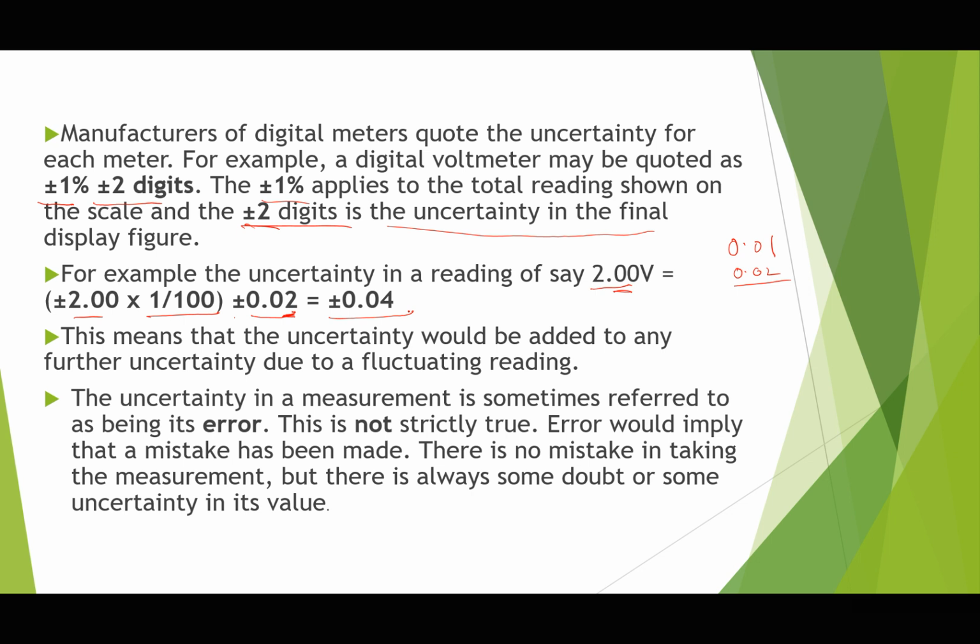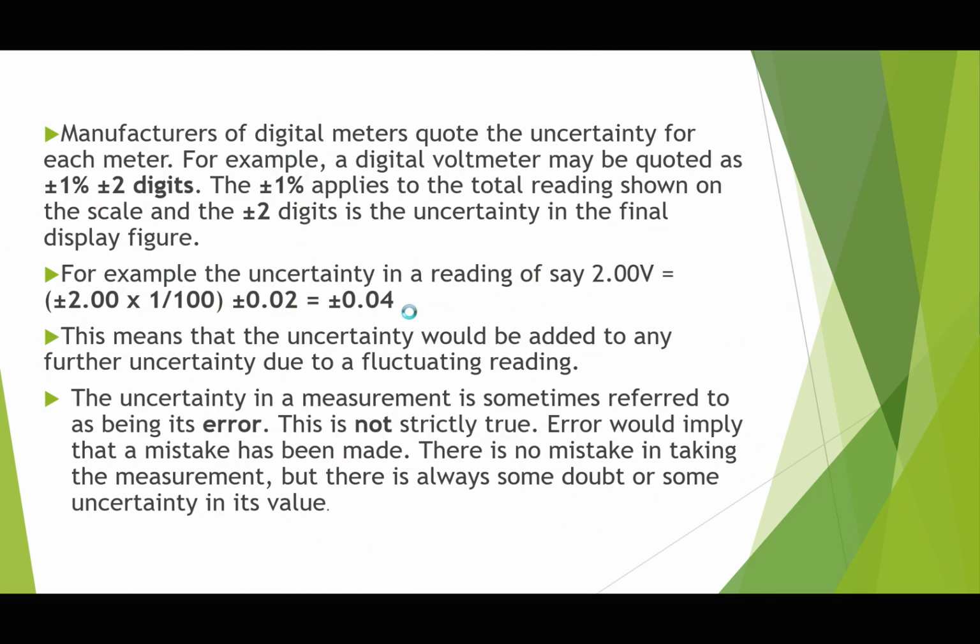But here there is no mistake in taking a measurement, but there is always some doubt or some uncertainty in its value. So here we are going to use the word uncertainty to refer to some doubt in a measured value. And although we shall use the word error, it will not always refer to a mistake.